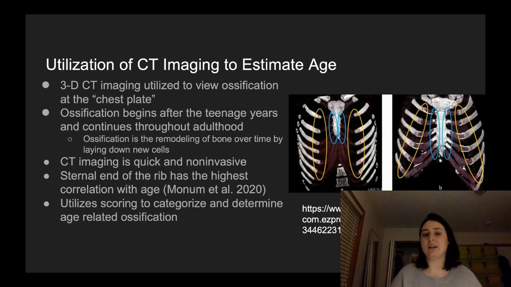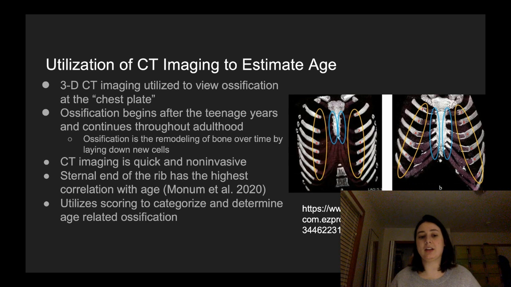So it's the laying down of new cells over each other as time progresses, and it does continue throughout adulthood. The really positive aspects of using CT imaging is that it gives you a 3D picture. It is quick and it is non-invasive, and CT imaging machines are a little bit easier to come by, although not necessarily when you're thinking about rural areas.